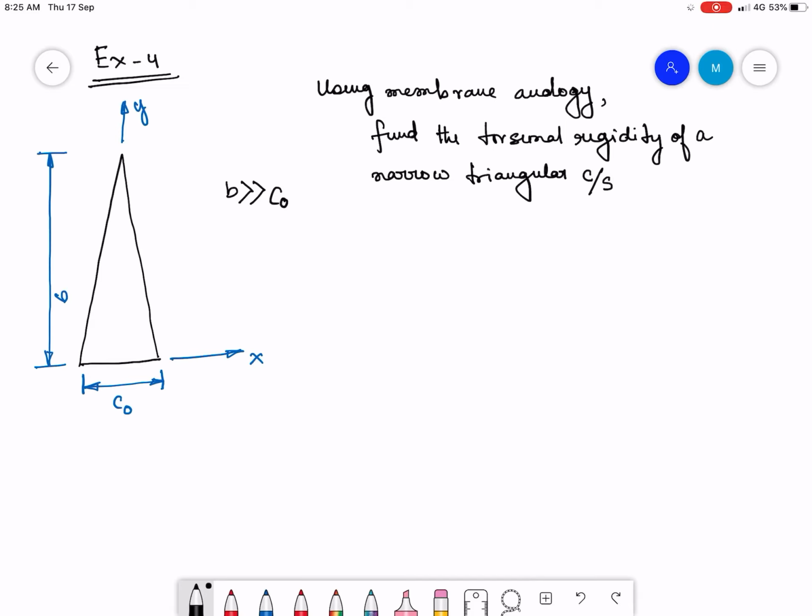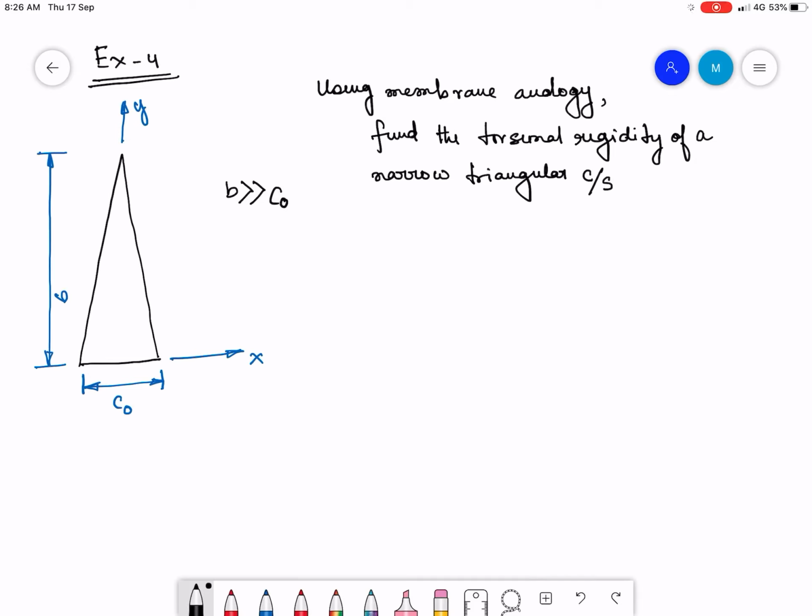The height of the triangle B is much greater than the length of the base of the triangle, which is C0. So B is much greater than C0. We have to use the membrane analogy and try to find out the torsional rigidity of this cross section.